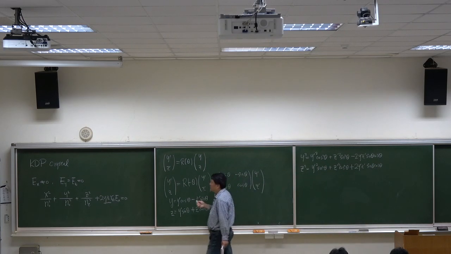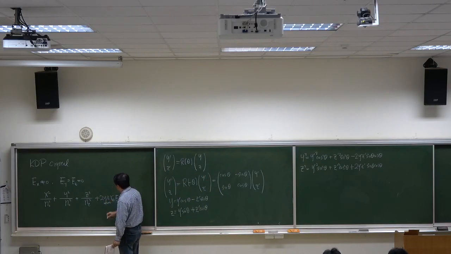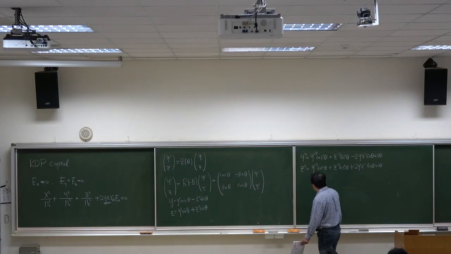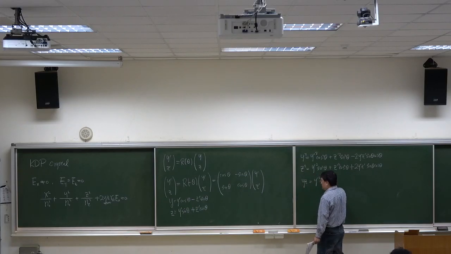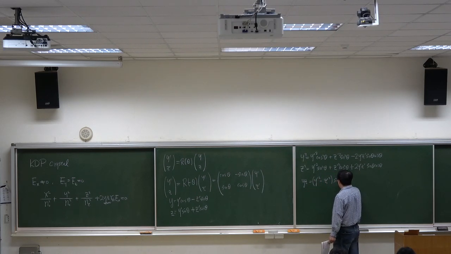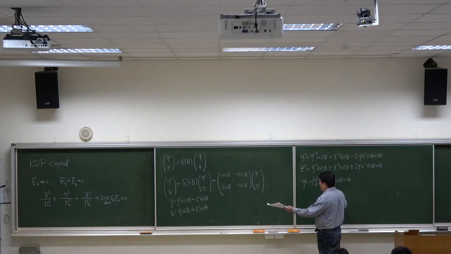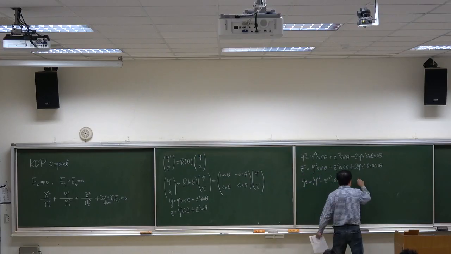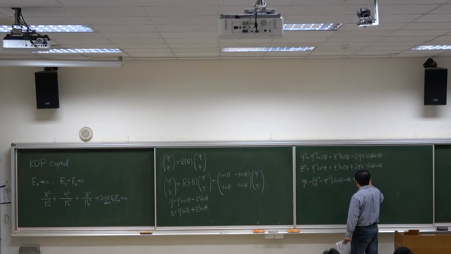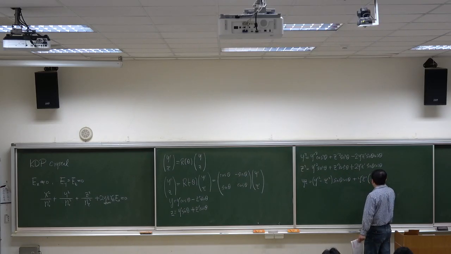And for yz, it is equal to y prime squared minus z prime squared, times sine theta cosine theta, plus y prime z prime times cosine squared theta minus sine squared theta.